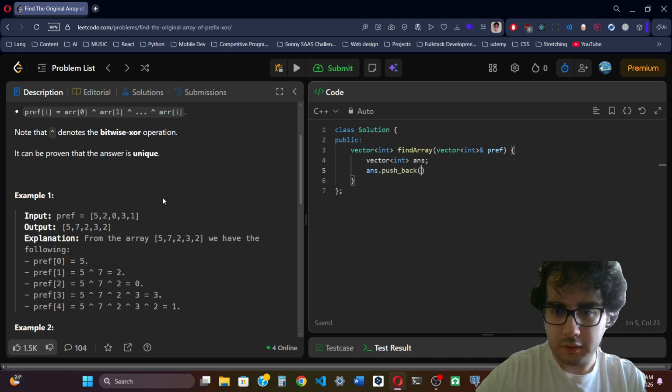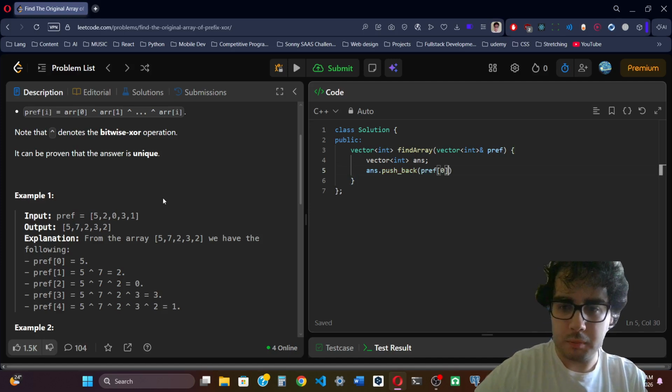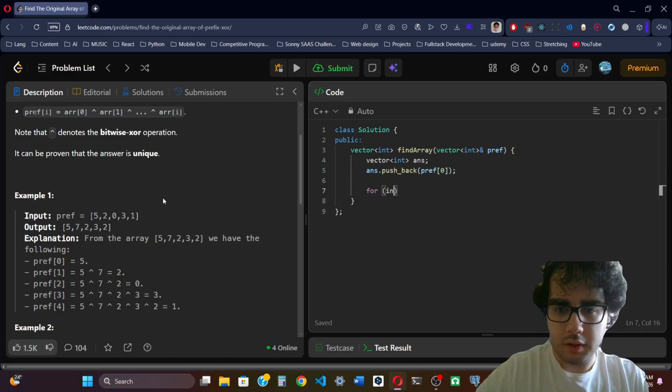Push back is going to be pref of 0, and then i starts at 1, less than n, i plus plus.